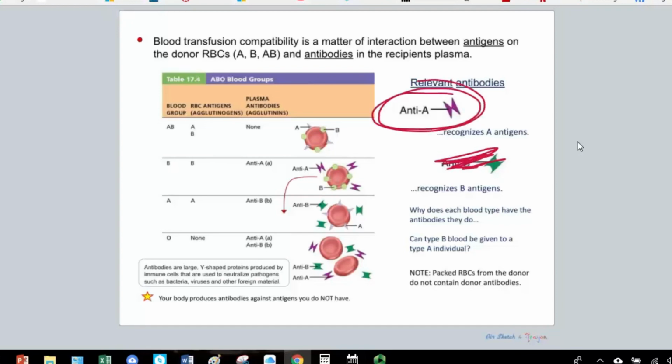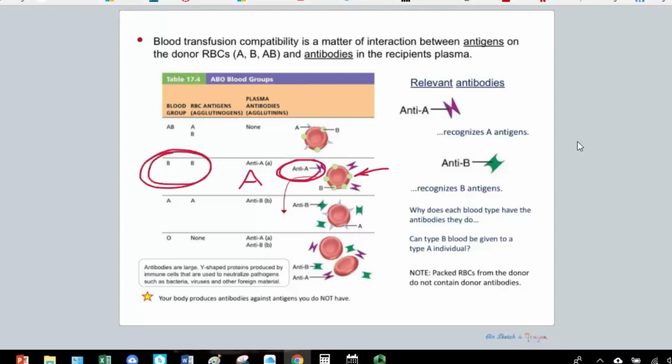Here you can see this individual has anti-A antibodies in there. And the reason that's the case is because the red blood cells do not have A antigens on them, which means that A antigens are foreign. So these are looking for A antigens on red blood cells, because the A antigens are foreign to this individual, because this is a type B individual.